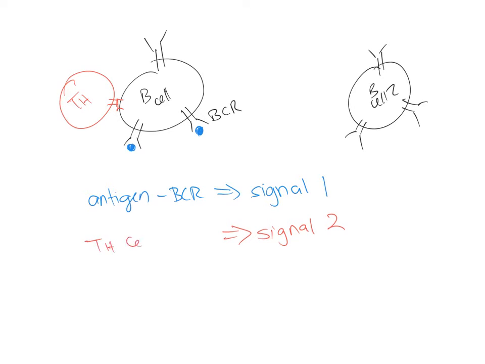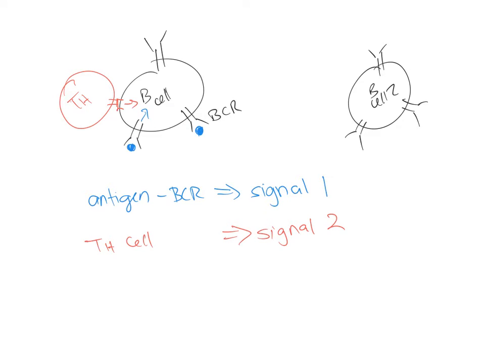So T helper cell can directly bind, and that'll transmit a signal. And these 2 signals together, the binding of the B cell receptor by antigen and the stimulation of the T cell to the B cell through CD40 ligand, both signals are needed for activation of that B cell.